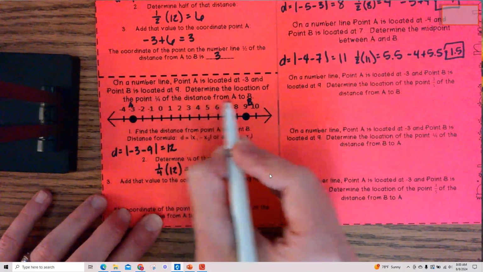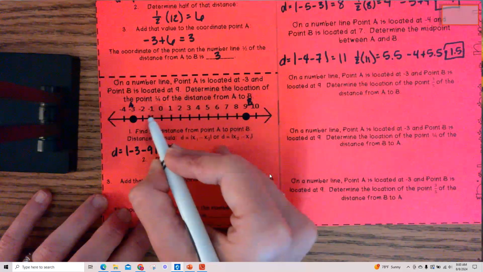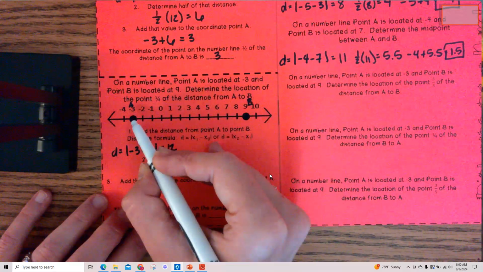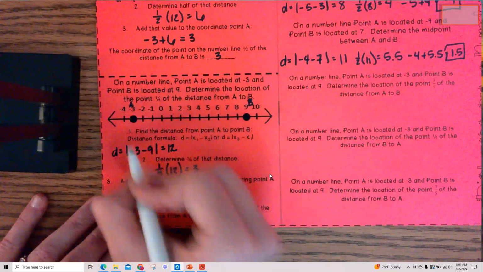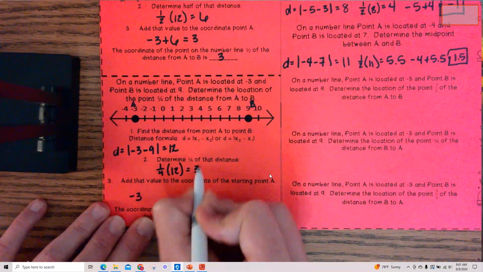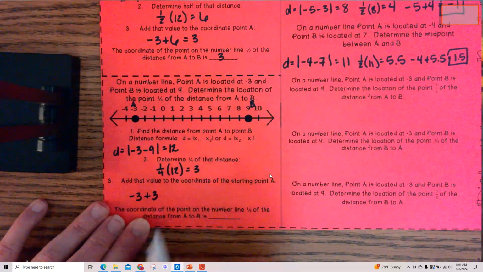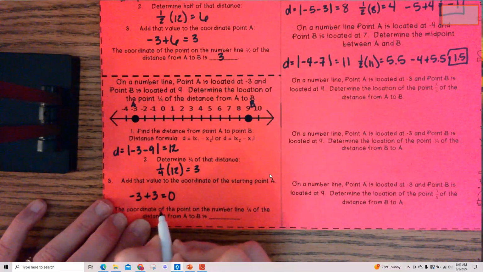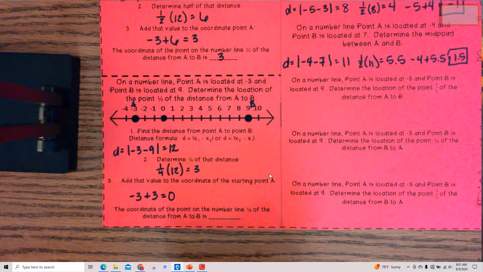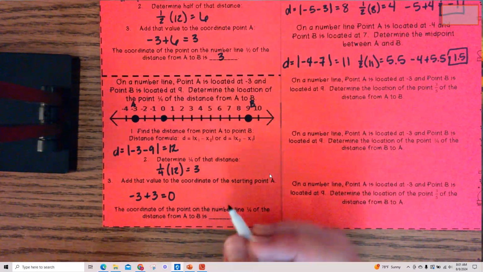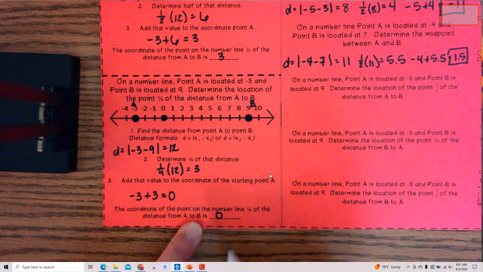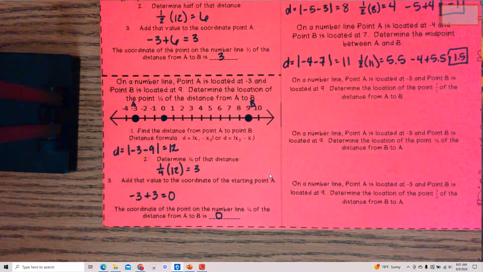A fourth of the distance from A to B. So that means we're starting with A. We're going a fourth of the distance from A. So we would take point A's location, -3, and we would add what we calculated into that, and it equals 0. And that is a location, so that is here. We don't have an answer, that's the location of the answer. The coordinate of the point on the number line, a fourth of the distance from A to B, is 0.